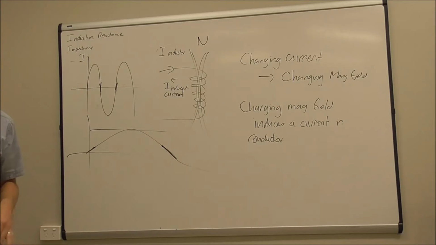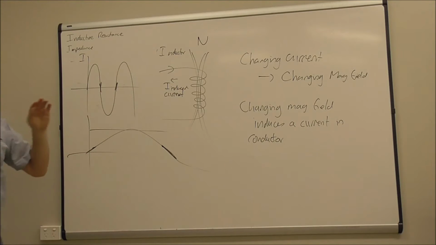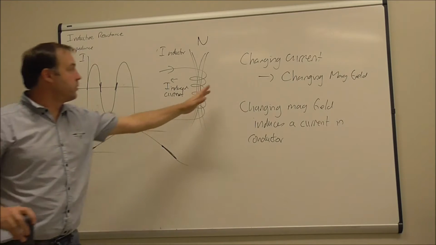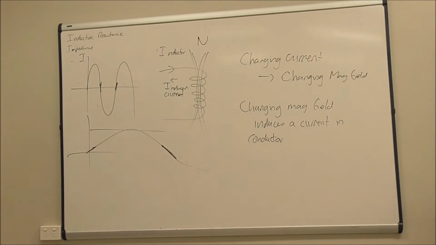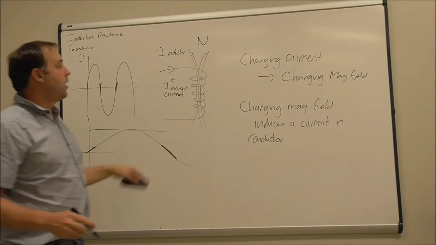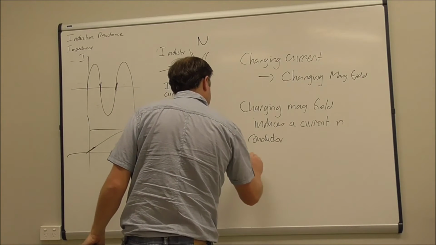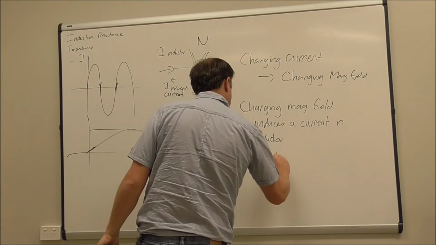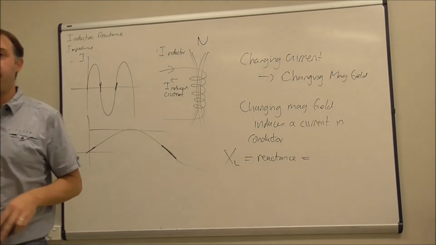But at very, very high frequencies, we have these steep changes in current here, which the magnetic field changing here tries to stop, and so it tries to oppose that current flowing through it. And so the reactance of an inductor, which we call XL, is proportional to that frequency.